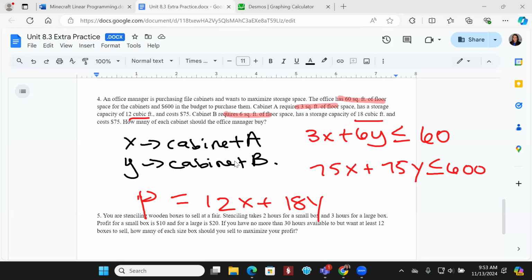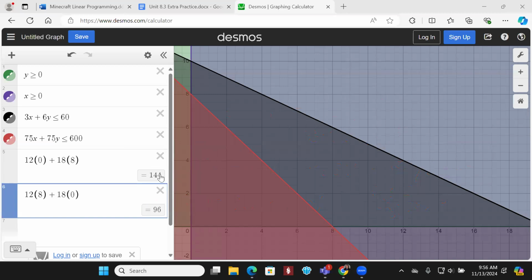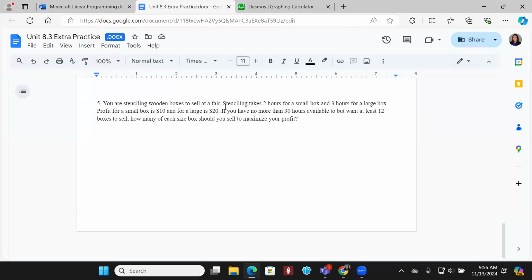All right, what inequality did you forget though? All right, go to vertices. So you should have gotten 0, 8 as your answer. That would maximize my storage space, right? Okay, last question. We're going over it now.